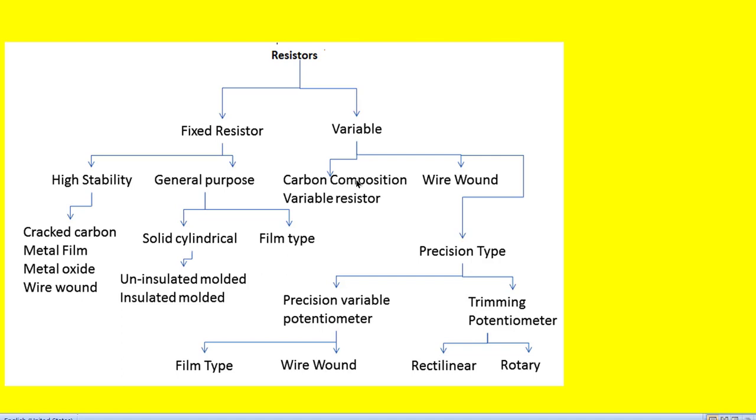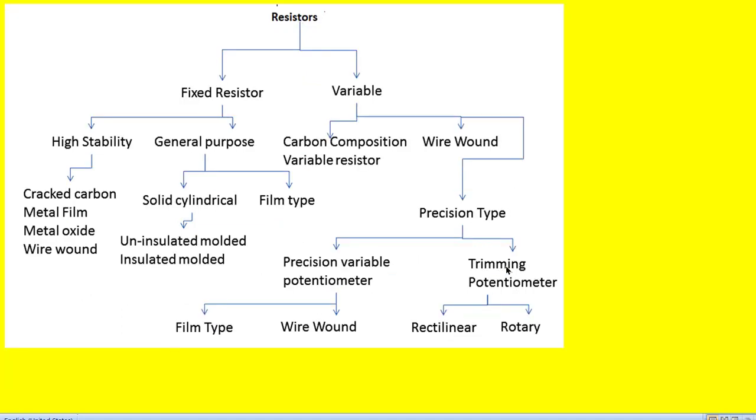Under the variable resistors, there are two types: the carbon composition variable resistor and the wire wound resistor. Again, there is another type of variable resistor called precision type variable resistors. Under this, again there are two types: one is called the precision variable potentiometer, the other is called the trimming potentiometer type resistor.